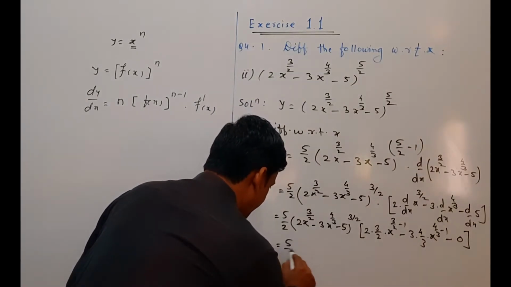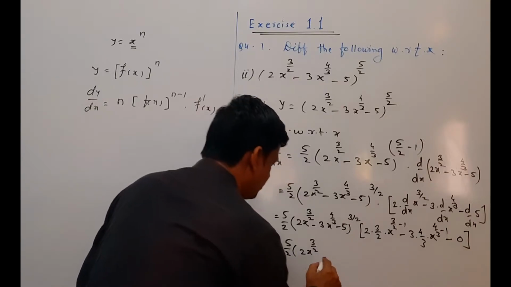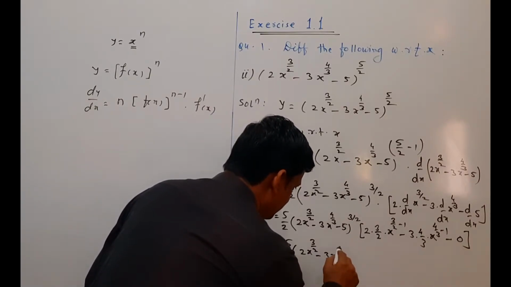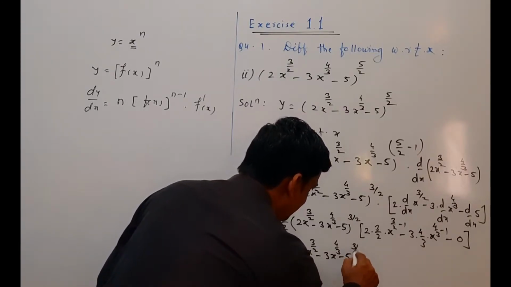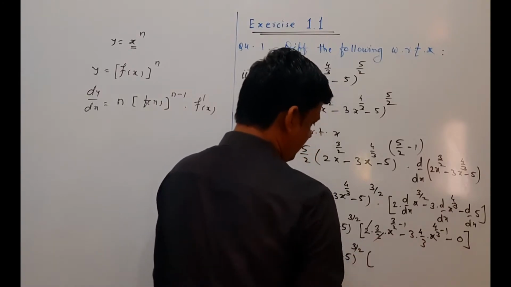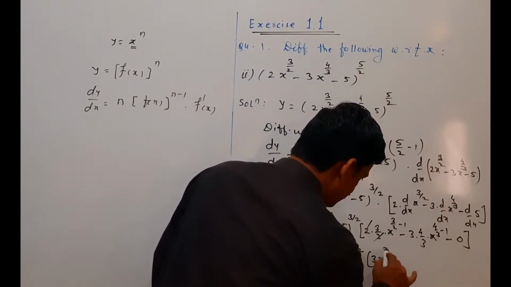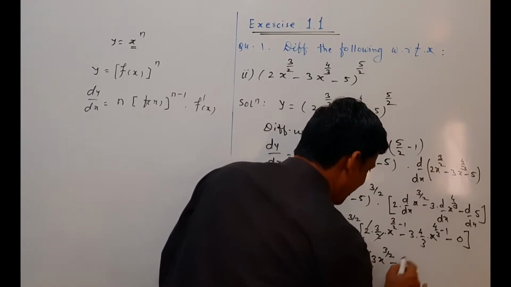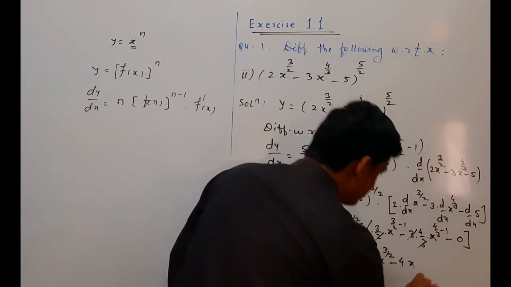So we write here 5 by 2 2x raised to the power 3 by 2 minus 3x raised to the power 4 by 3 minus 5 raised to the power 3 by 2. So here these 2 get cancelled with this denominator 2. So 3 into x raised to the power 3 by 2 minus this 3 get cancelled. So write 4 into x raised to the power.